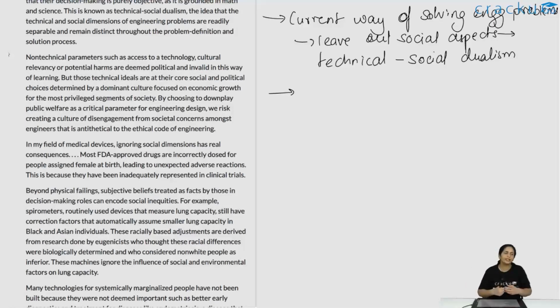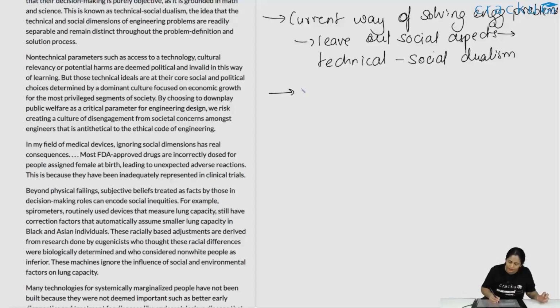But the author is arguing that that is not right, because when we don't look at those social aspects, we don't look at the social impact, we are essentially providing solutions that help the dominant culture, essentially those who are in power as such. They define what the problem is and the solution essentially works for them. And by disengaging from the social impact, the social aspect of the engineering problem, you are essentially doing a disservice to your own engineering code of ethics, what your ethical code of engineering should be.